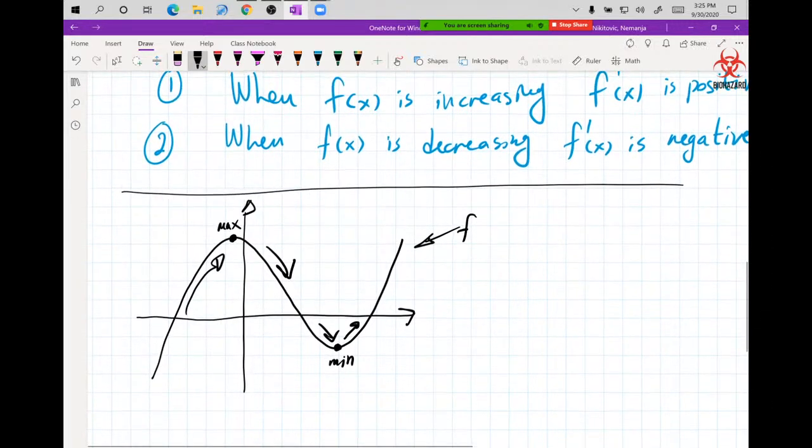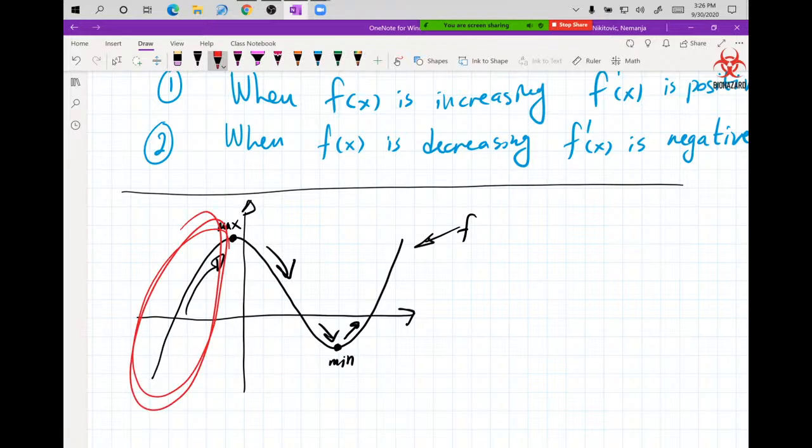Now, what we learned up there in blue is that for increase and decrease, the derivatives get to be positive or negative. So what is in between positive and negative? What is in between positive numbers and negative numbers? 0. 0, beautiful, right?